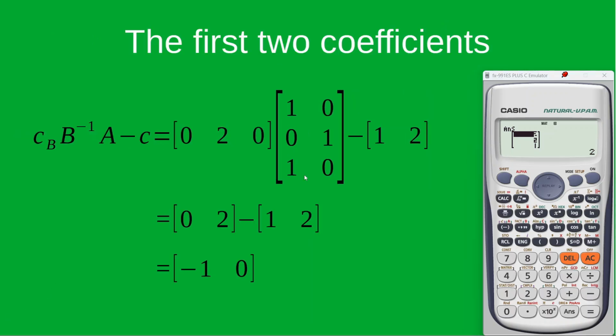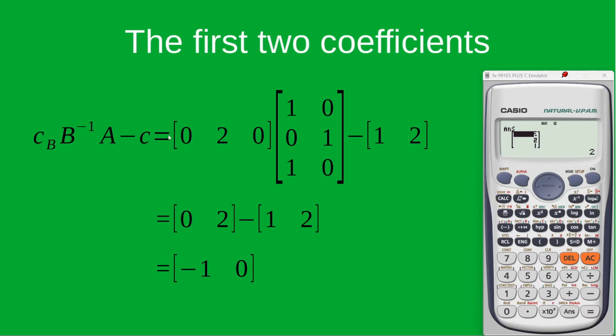Now the first two coefficients, as said earlier, were found by CB into B inverse into A minus C. So CB is 0, 2, 0 multiplied by 1, 0, 0, 1, 1, 0, that is B inverse into A, minus 1, 2. Now I have done the calculation for you and you can find it. It's minus 1 and 0.